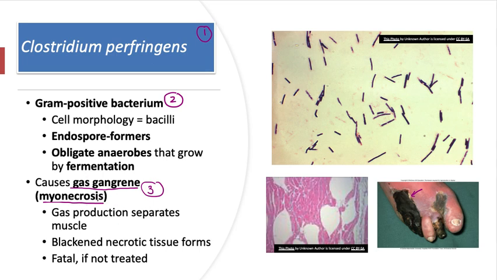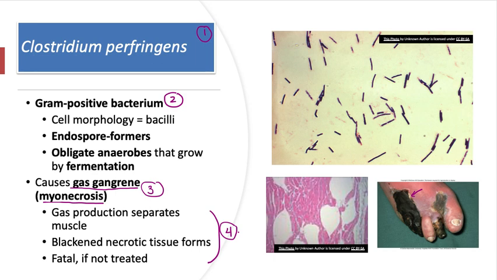And so what you get is a gas production in the deep layers of the skin, in the muscle layers of the skin. And then this results in the formation of this blackened necrotic tissue. And it can become fatal if not treated. So that would be our disease description, which is the 4th thing that you need to know for every pathogen.